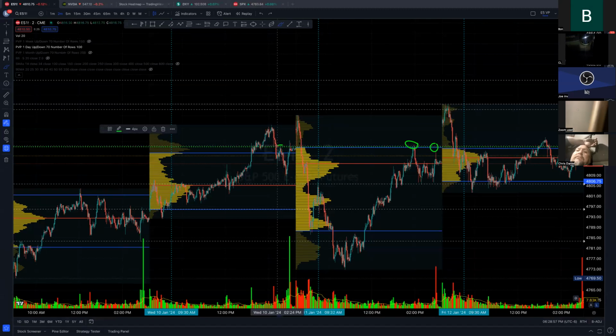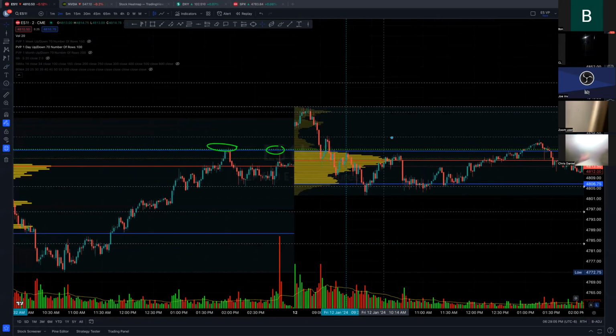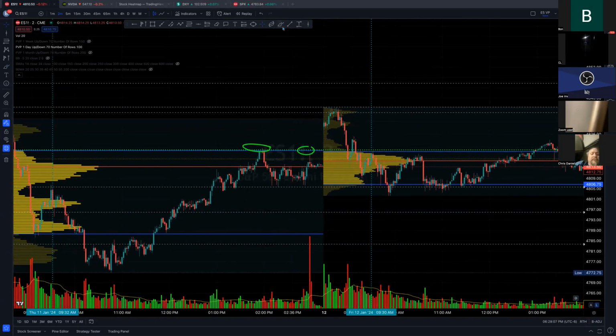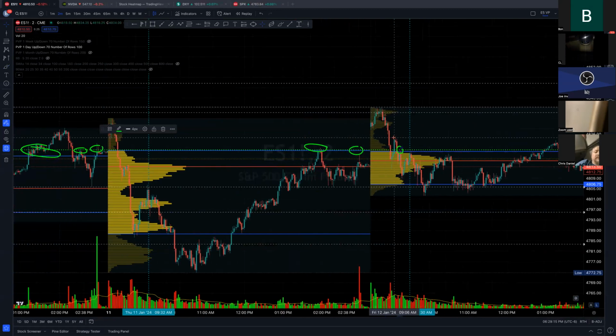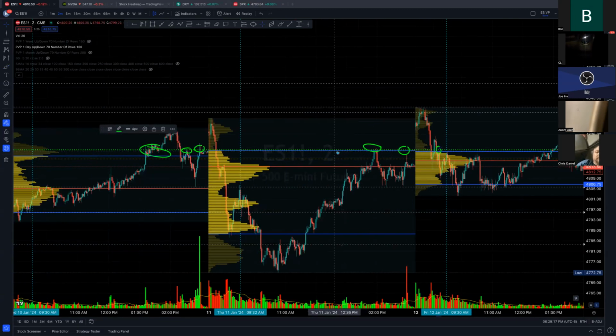And over here, price was being very reactive to this level right here. A lot of reaction in here. Let's see, we had the pullback here, breakdown, and then more reaction right here. And this level happens to be the value area high for 2 sessions.